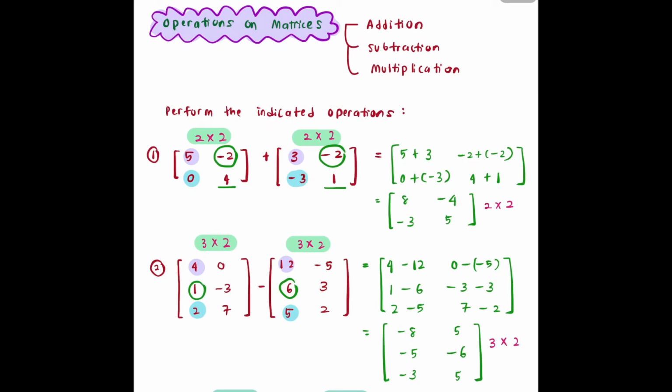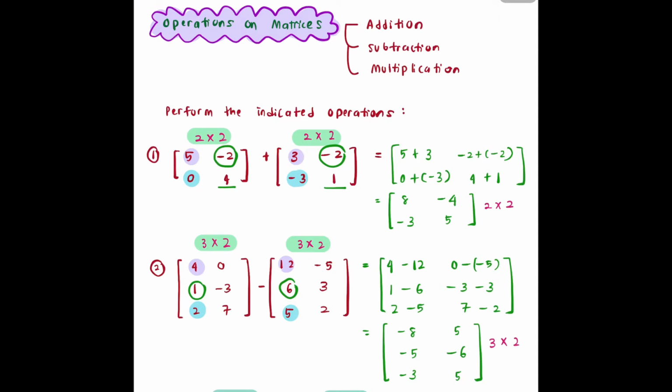Next, let's see the operations on matrices. You can have addition, subtraction, and also multiplication. First of all, when we want to do matrix addition, you must make sure that the sizes match each other. And then when you want to add them up, you add them according to their entries. So this is the entry at row 1 column 1. You must add it with row 1 column 1 as well.